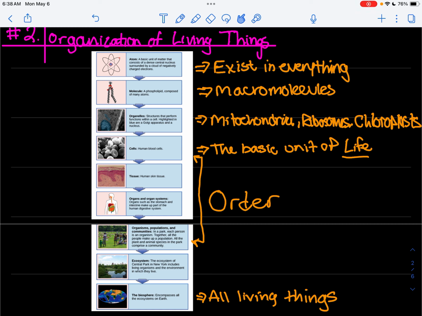And when we start looking at organisms, populations, communities, ecosystems, and biospheres, we're looking at ecology. A human physiologist might study cells, tissue, organs, and organ systems. So there's a lot of different things encompassed in the world and fields of biology.